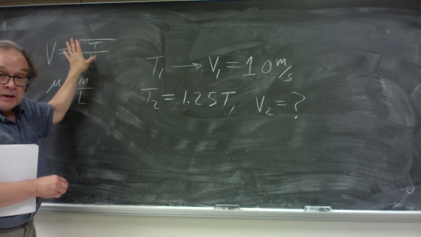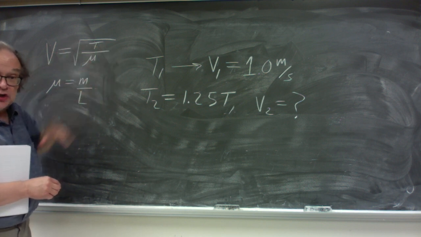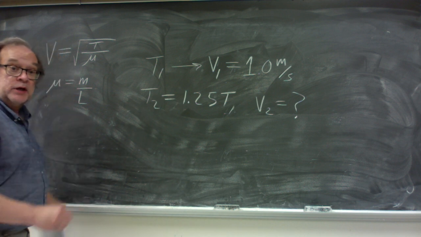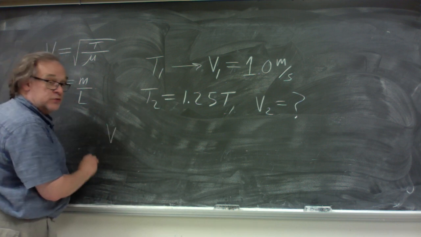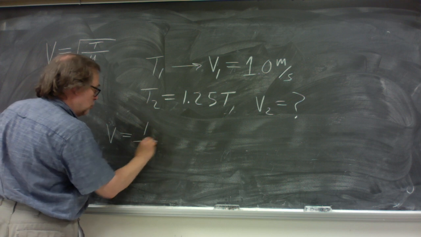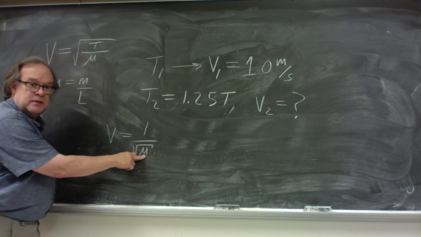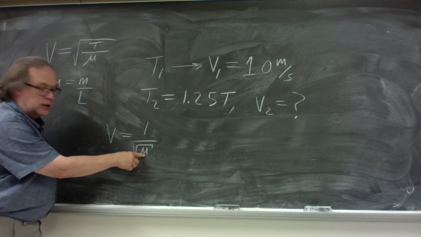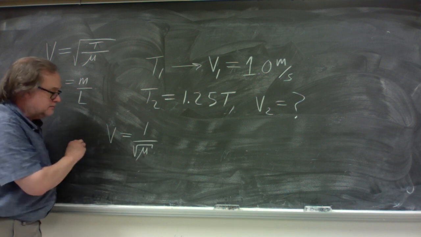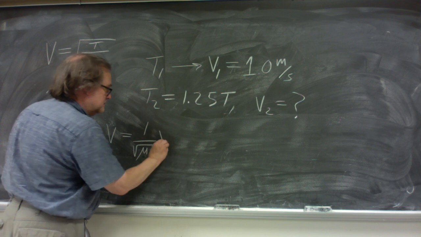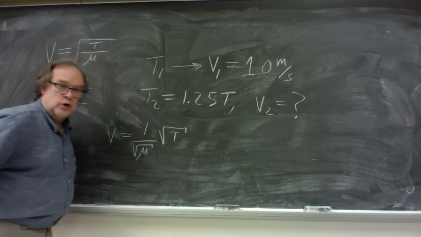So it's helpful to rewrite this equation a little bit. Write it this way. Wave speed is 1 over square root of that mass to length ratio. This is the Greek letter mu, times square root of tension.